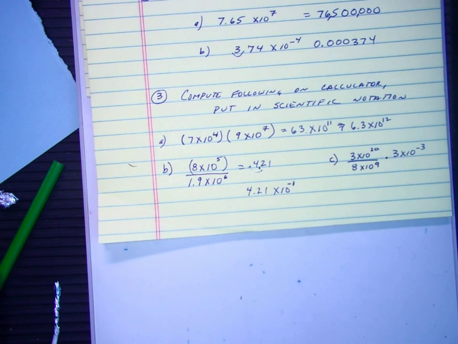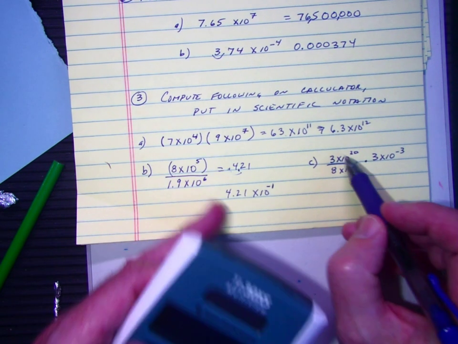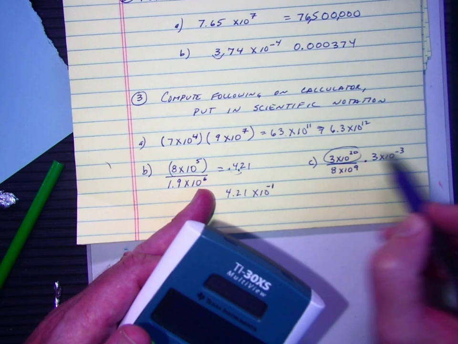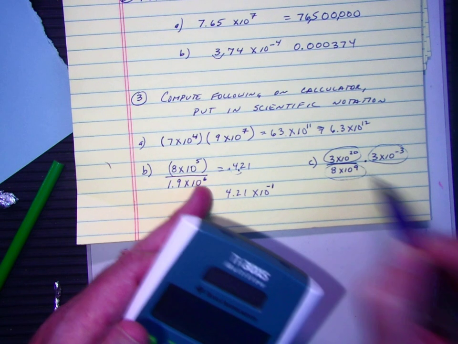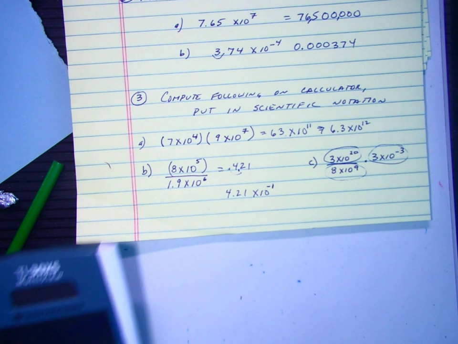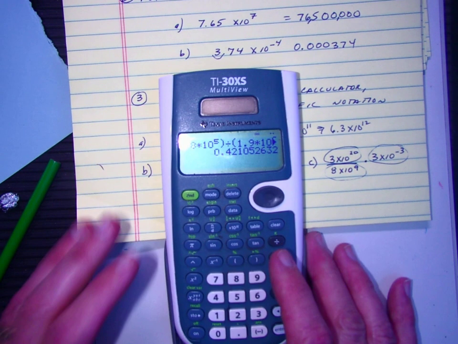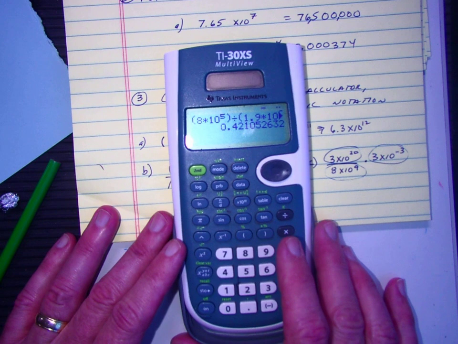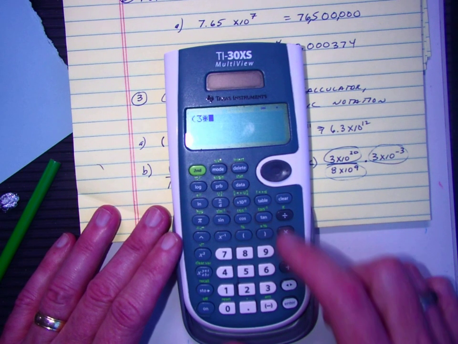Okay? All right. The last one, I want us to understand that this is in the numerator, this is in the numerator, and this is in the denominator. So I'm going to do this one times this one, and then divide it by that one. Okay? You can do it in any order you want, but I would advise you to do it that way. I think it's a little bit simpler. All right, so I'm going to go ahead and do this one. So I'm going to do parentheses 3 times 10 to the 20th.